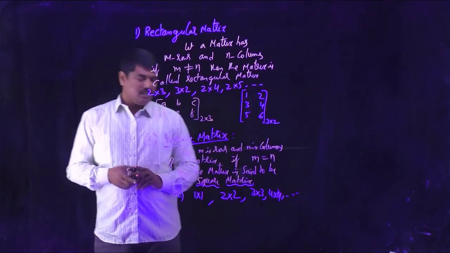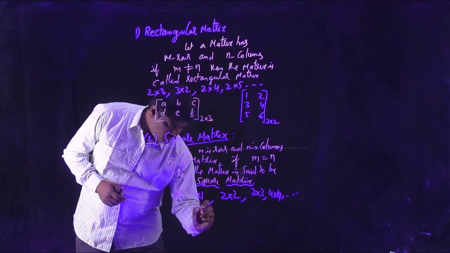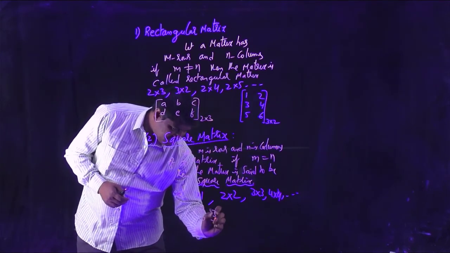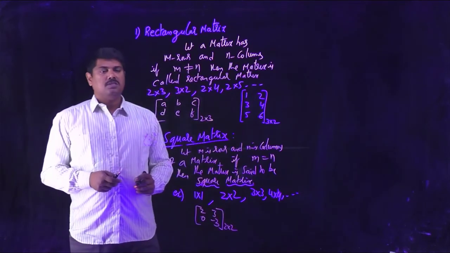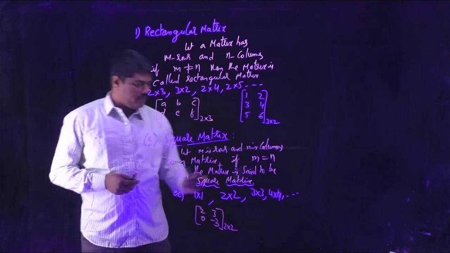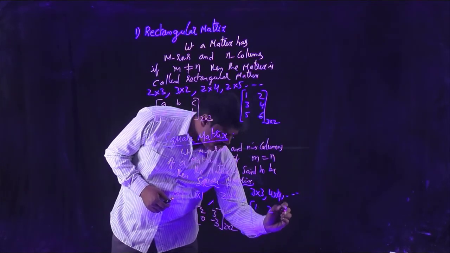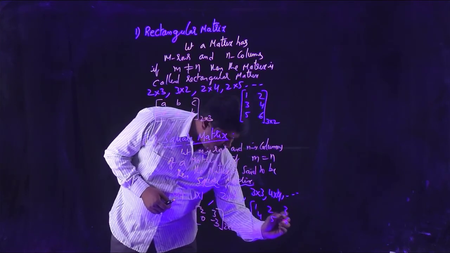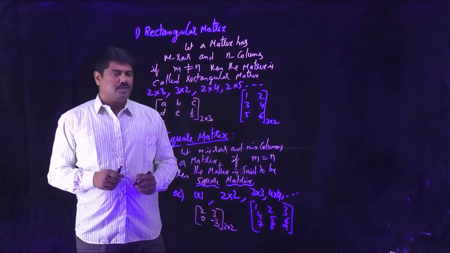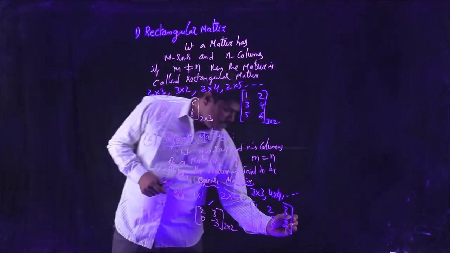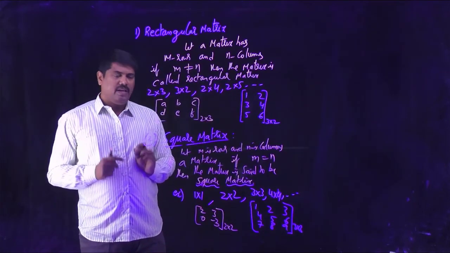Let me write an example of a 2 by 2 square matrix: 2, 3, 0, minus 3. Another example, a 3 by 3 square matrix: 1, 2, 3, 4, 5, 6, 7, 8, 9. You can observe it contains 3 rows and 3 columns, so this is also a square matrix.